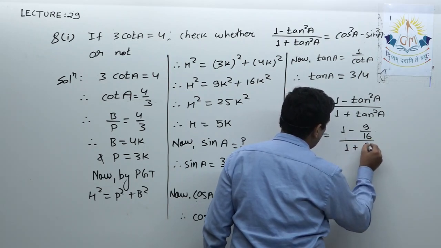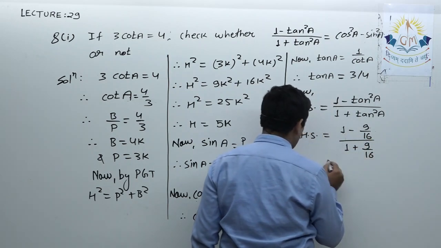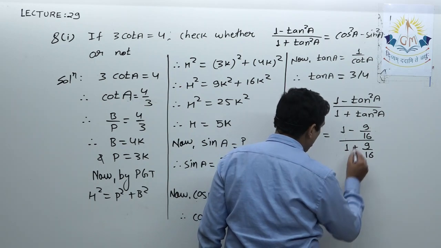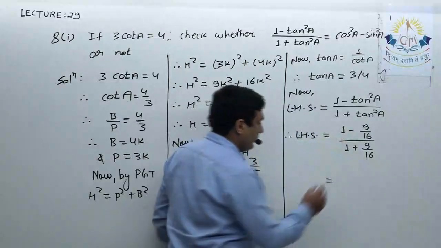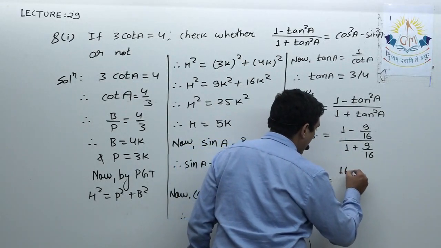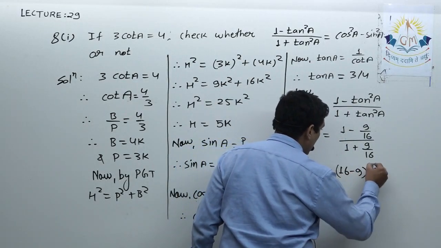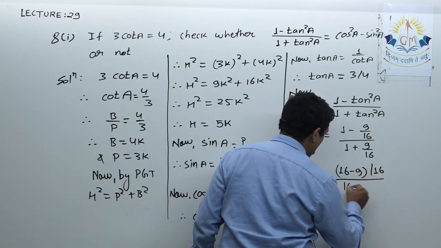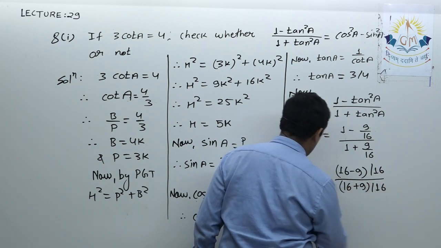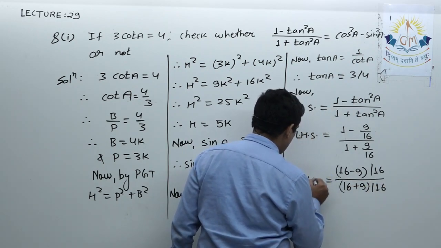Similarly 1 plus 9 upon 16. If I take LCM, that will be 16. So 16 minus 9 upon 16, divided by 16 plus 9 upon 16, that is LHS.